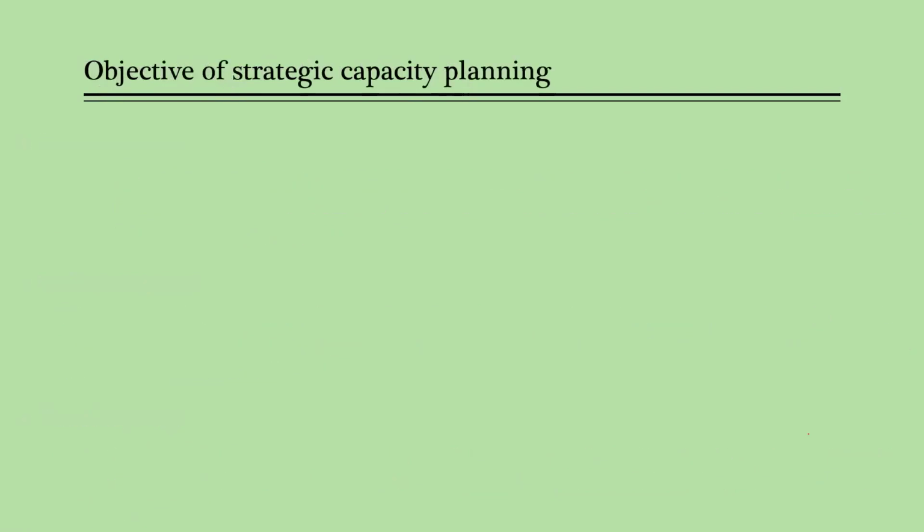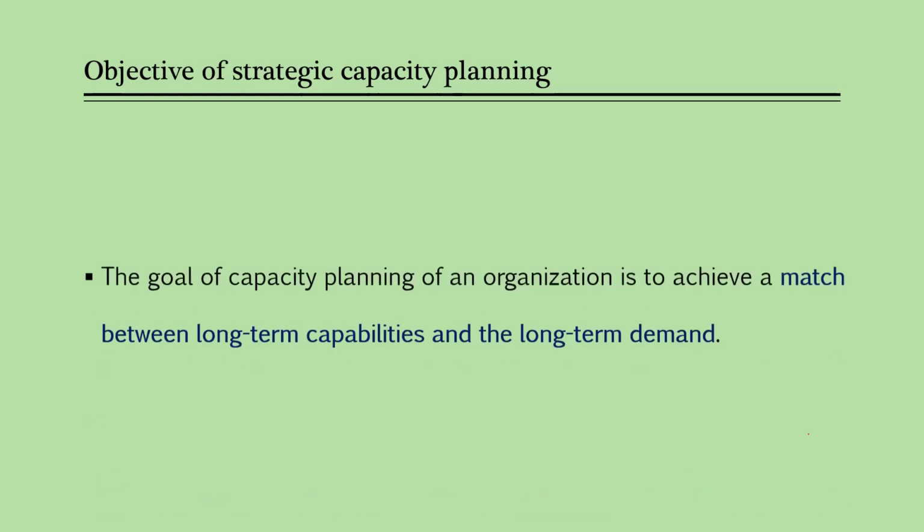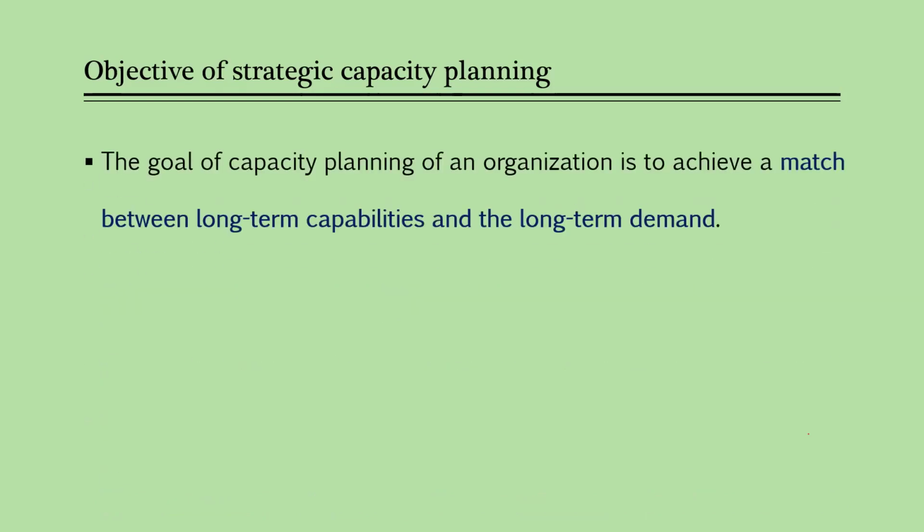Now let's see what are the objectives of strategic capacity planning. The goal of capacity planning of an organization is to achieve a match between long-term capabilities and long-term demand. So, in the long run, what are they capable of?